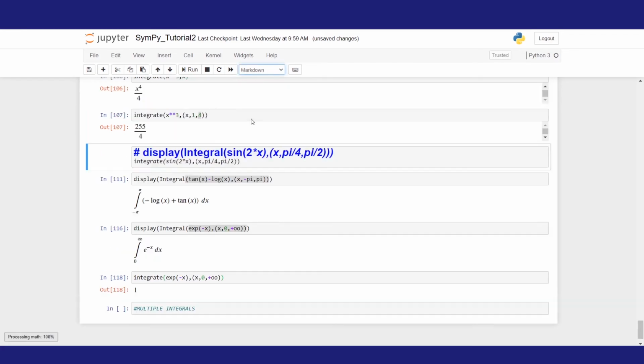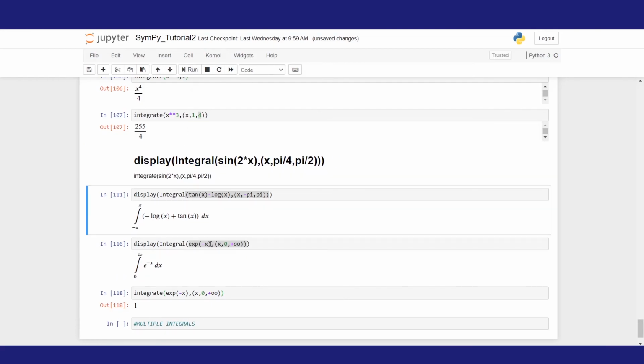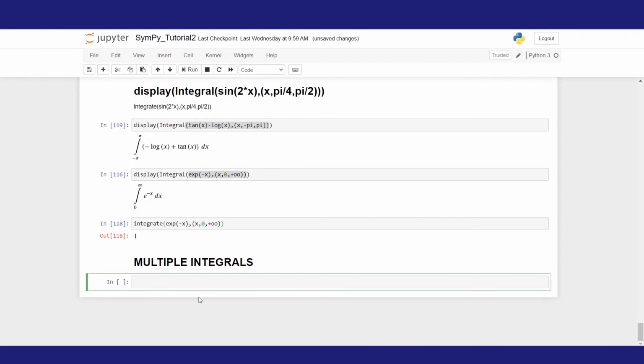Let's just create a heading here, and we'll look at how we can perform multiple integrals. Let's have a case where you have a function that is partially in x and partially in y, and we are integrating both with respect to x and with respect to y. How can we integrate that?